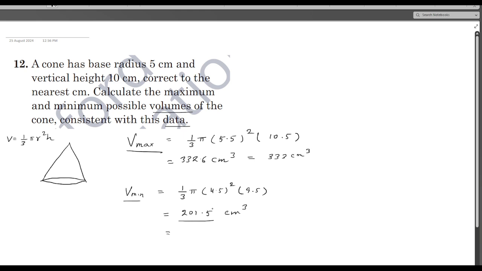Initially we got 201.45, so if I round it to 3 significant figures, it will be 201 centimeter cube. So your minimum volume is 201 centimeter cube. Your maximum volume is 333 centimeter cube.